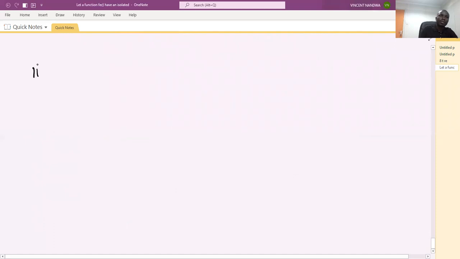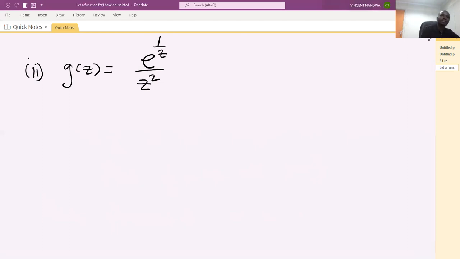So part 2, we have been given that g of z is a function e raised to power 1 over z divided by z squared. So the trick will be to express e raised to power 1 over z as a series.